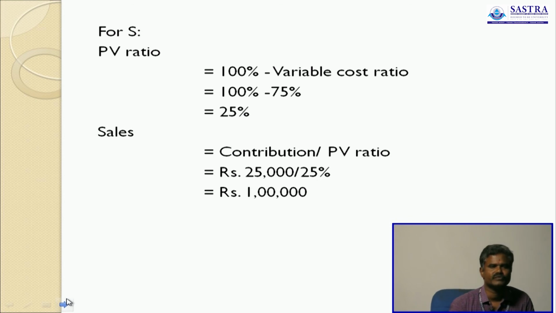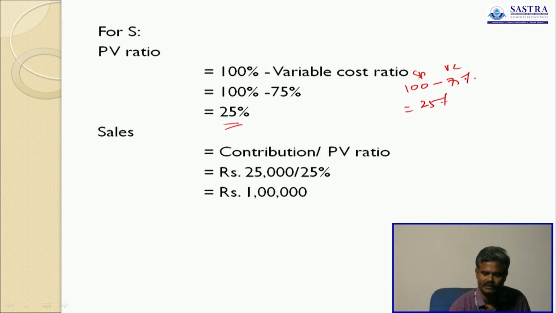Then for situation S, PV ratio is also 25, because variable cost is 75% of selling price, so 100 minus 75 equals 25. Very simple. Sales is contribution by PV ratio. 25,000 contribution is given, so 25,000 divided by 25 into 100.